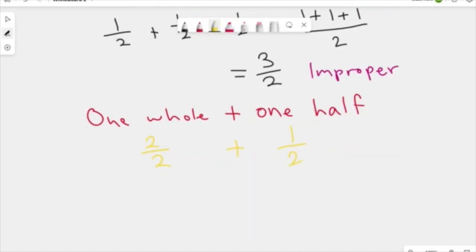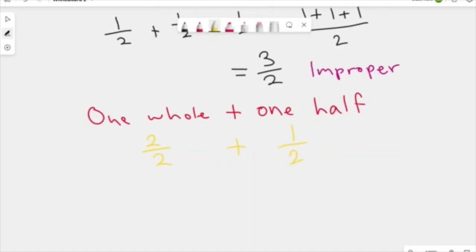Now, 2 over 2 is one whole, so that's just 1. So we can write this as 1 plus a half. And when writing mixed fractions, they are typically in the form of our whole number, and we just put our fraction next to it. It gives us a very compact way of writing what we need to write.